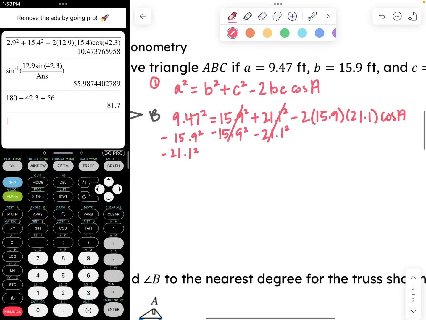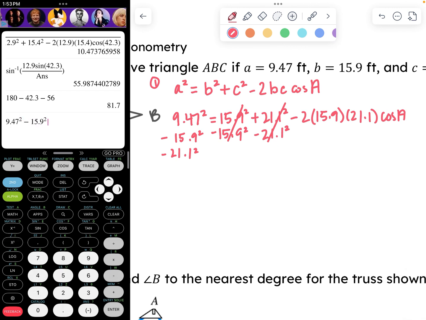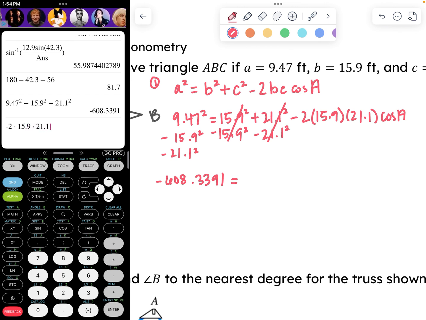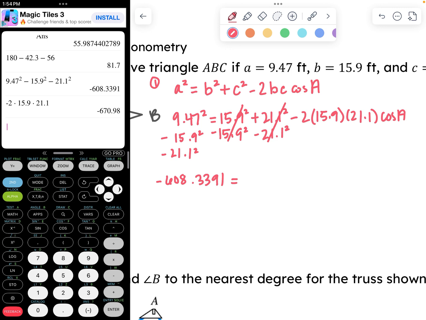So I'm going to do 9.47 squared minus 15.9 squared minus 21.1 squared. Okay, that gives me a negative 608.3391. And I'm also going to do the negative 2 times 15.9 times 21.1 to get me a negative 670.98 cosine of A.